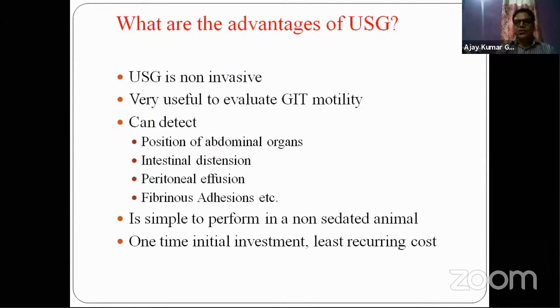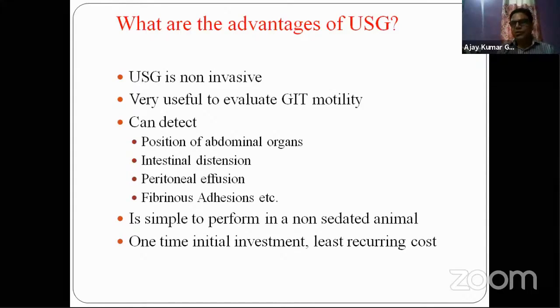It is useful in evaluating gastrointestinal motility, which otherwise required fluoroscopy, which was not usually available to veterinarians. In addition to gastrointestinal motility, it can detect the position of abdominal organs, intestinal distension, peritoneal fluid of any type, fibrinous adhesions, etc. And it is very simple to perform.